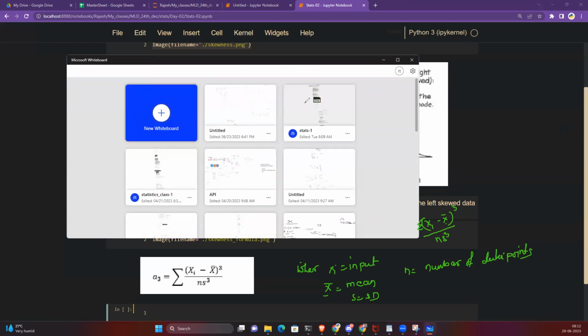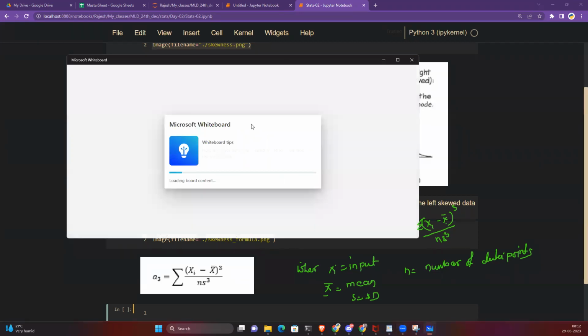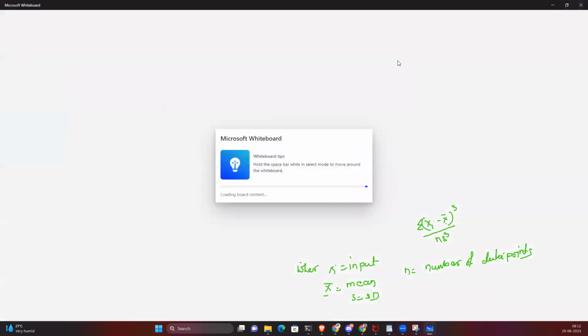Let me know if you can see my whiteboard or not. Are you able to see my whiteboard?